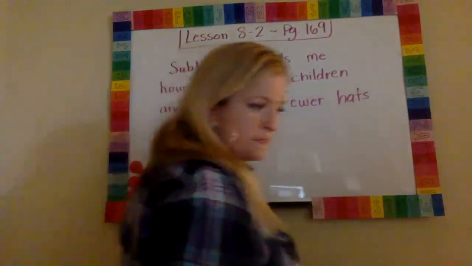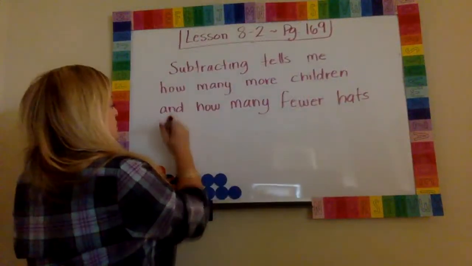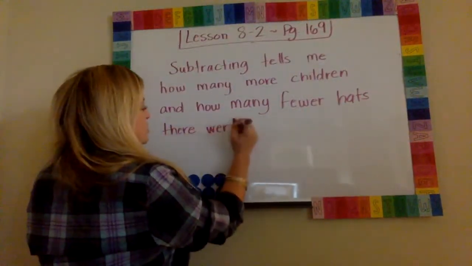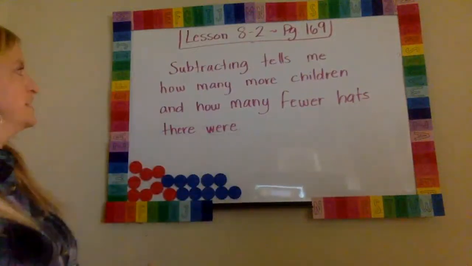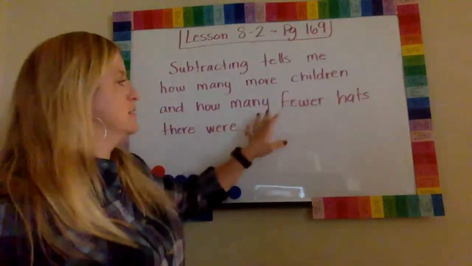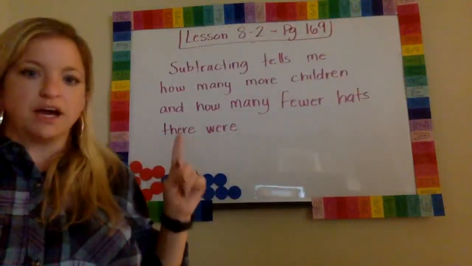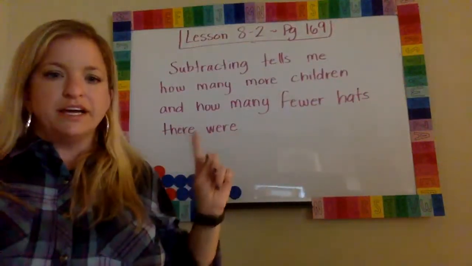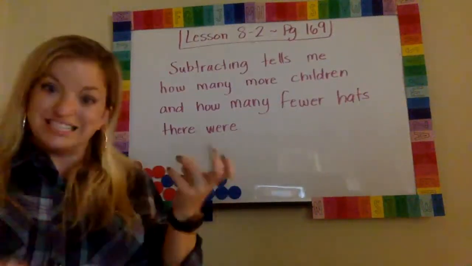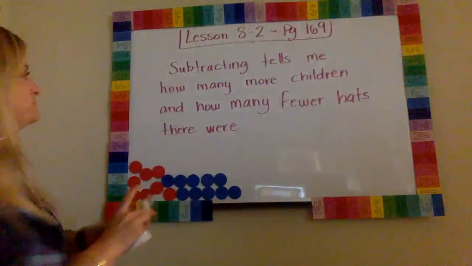Not everybody had a hat. And how many fewer hats there were. So when you subtract, you're finding out how many more or how many less, how much fewer. So this is what I said: subtracting tells me how many more children and how many fewer hats there were. So it tells you the difference between the 2, which was 2.